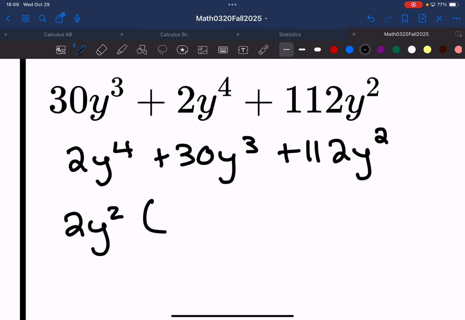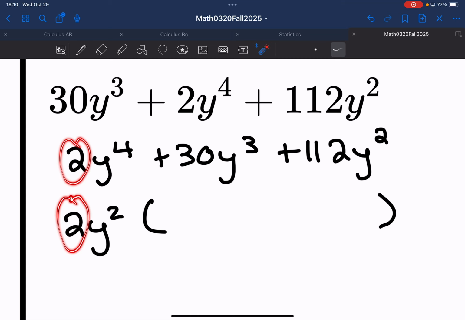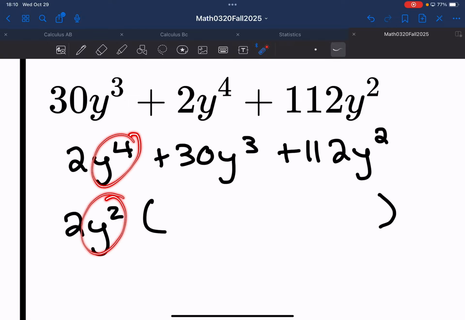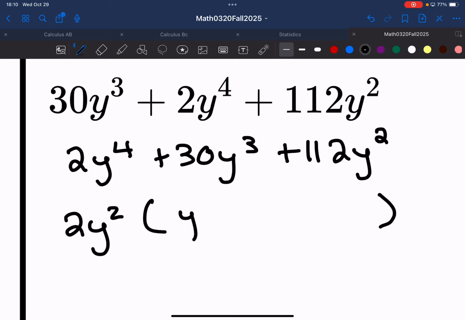Okay, then I write my parentheses and I divide each term. So I do 2 divided by 2 is 1, but I don't need to write that. And then I have 4 y's and I'm taking away 2 y's, so how many do I have left? 2, so y squared. And then I do 30 divided by 2, which is 15.